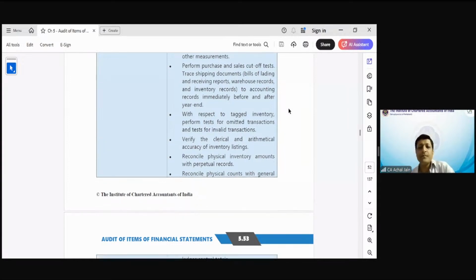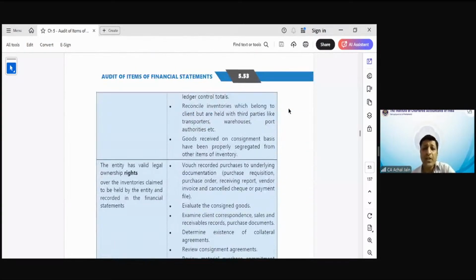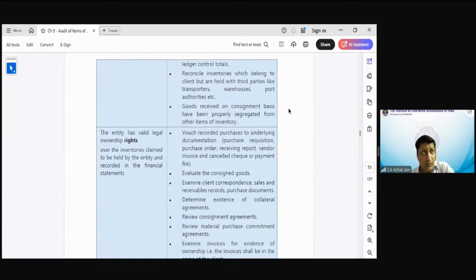Okay. Now, moving further, another very important procedure around inventory relates to inventories lying with third parties. Sometimes the nature of the entity's business is such that its inventory is lying with a third party.